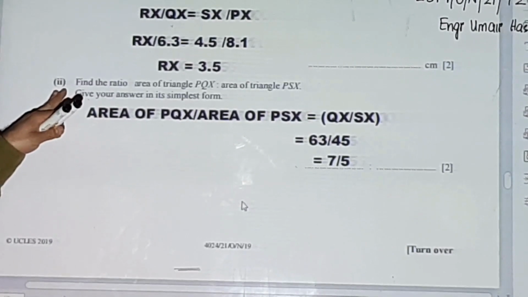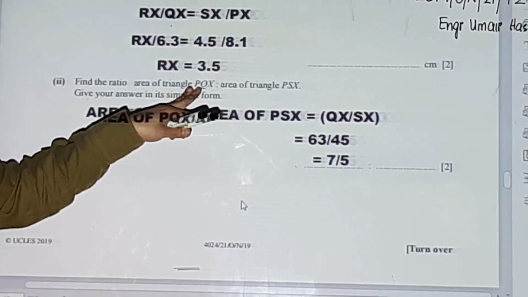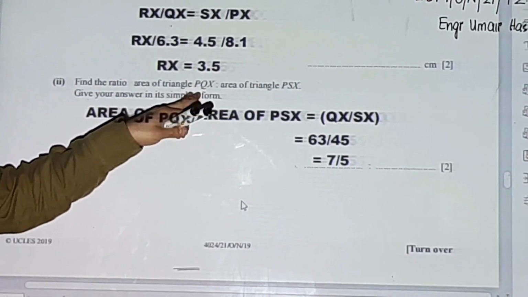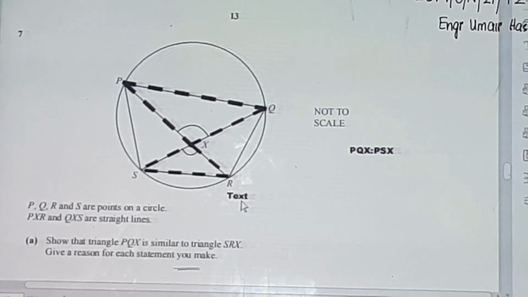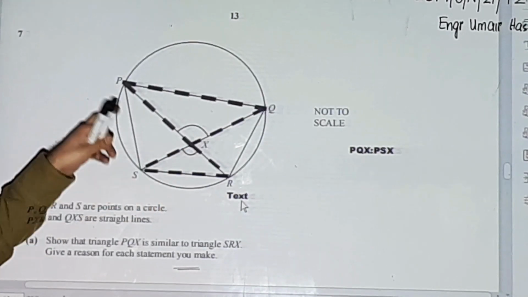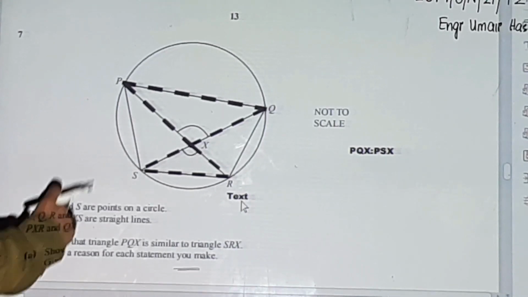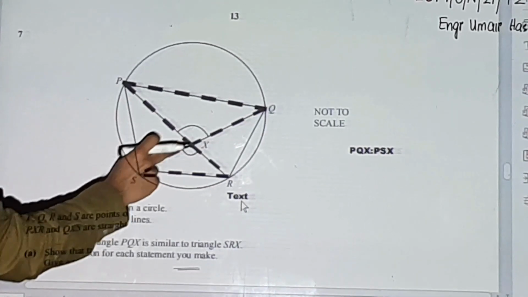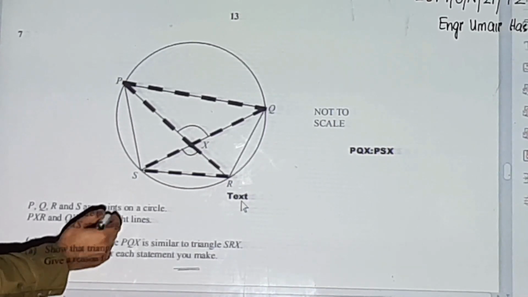Now part 2 of this is to find the ratio of the area of triangle PQX to the area of triangle PSX. Now we have to go to the diagram, PQX and PSX. These two triangles are not similar. However, the area of a triangle is half base into height.